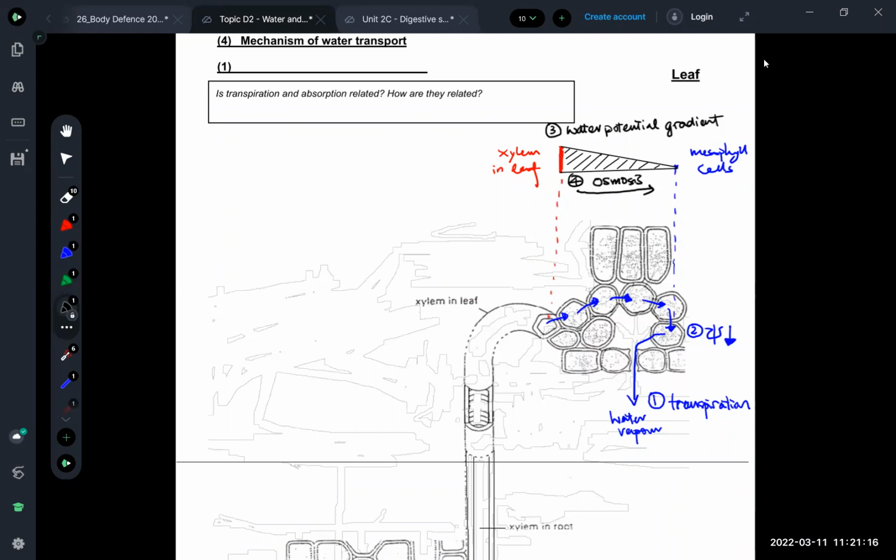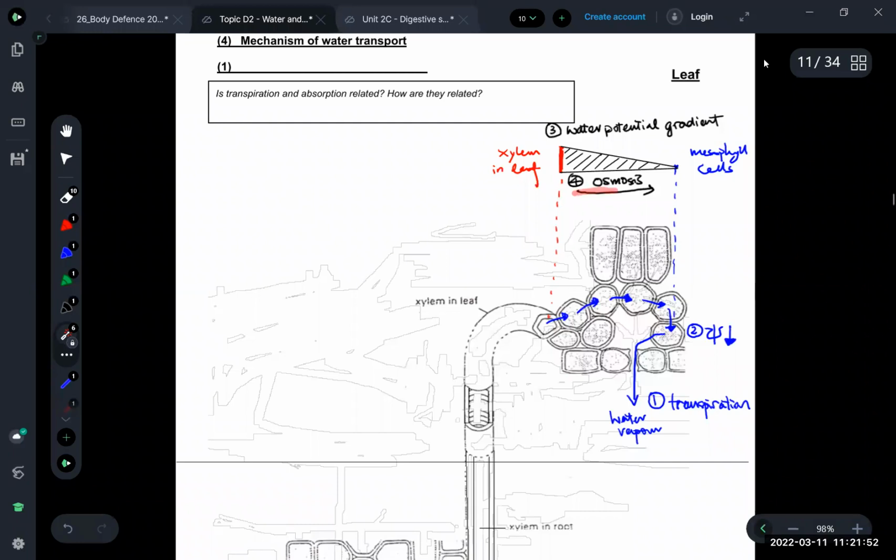Understand? What I'm writing now is summarizing this step-by-step process. Instead of talking about 2 neighboring cells, I talk about the overall pattern. All right? So once the water potential drops in a particular mesophyll cell, it creates a water potential difference. The xylem in the leaf is always having the highest water potential. The mesophyll cell is always having the lowest water potential.